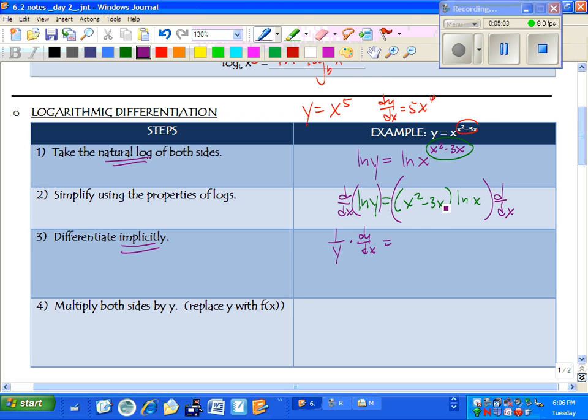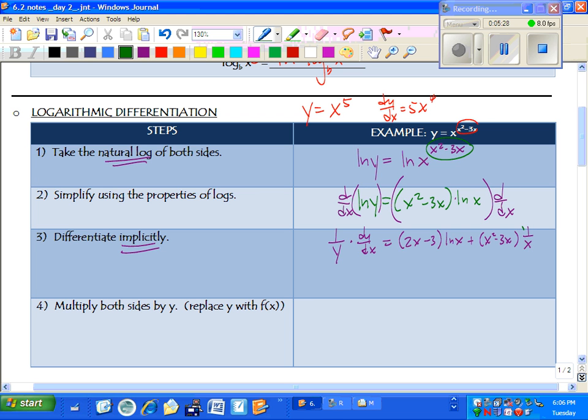On the right side, in this case, we're going to use the product rule because we're multiplying x squared minus 3x times natural log of x. So derivative of the first part, we have 2x minus 3 times natural log of x plus, we have our regular first function times the derivative of the second one. So derivative of natural log of x, we just get 1 over x.